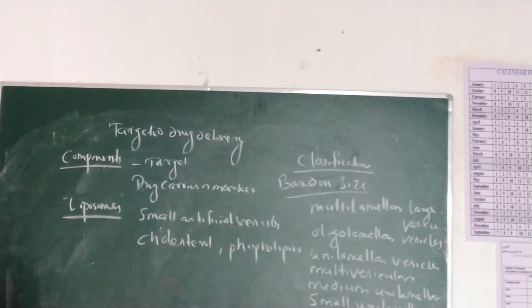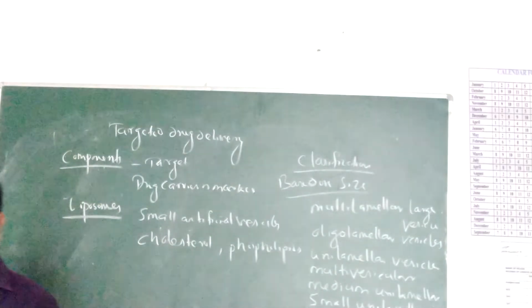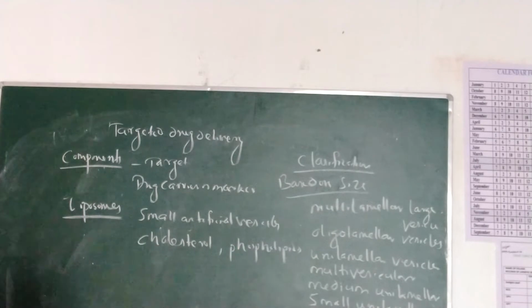But there should be some ideal characteristics of this targeted drug delivery system. First, it should be biochemically inert, physically and chemically stable, should have uniform capillary distribution, and it should have a controlled and predictable rate of drug release.